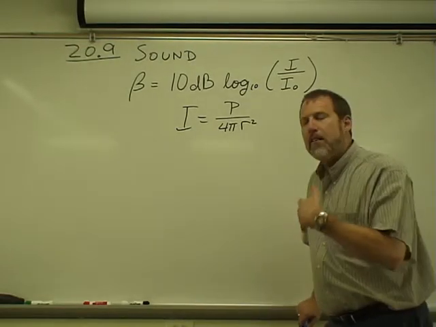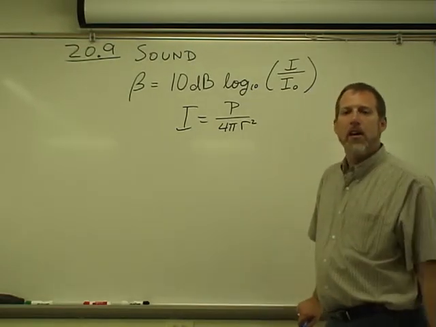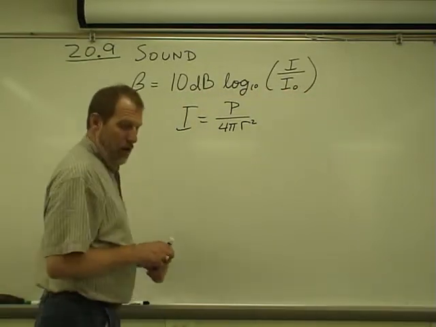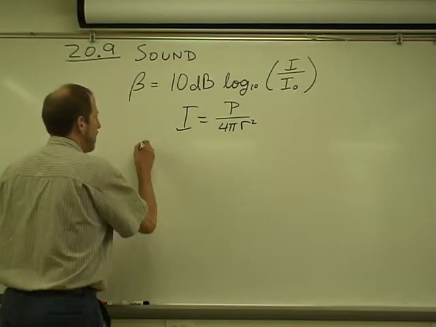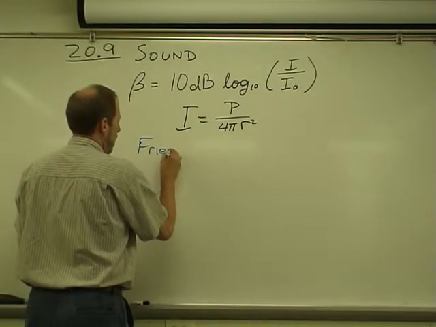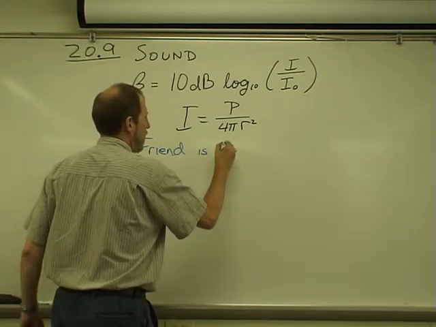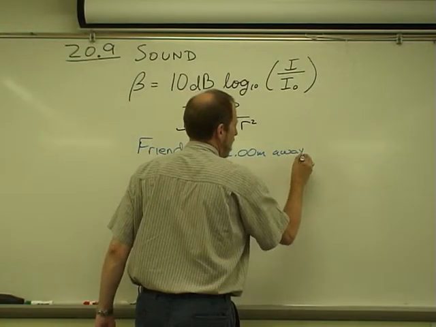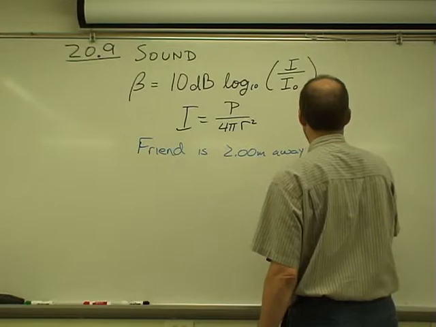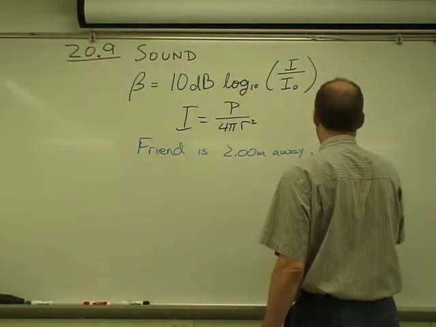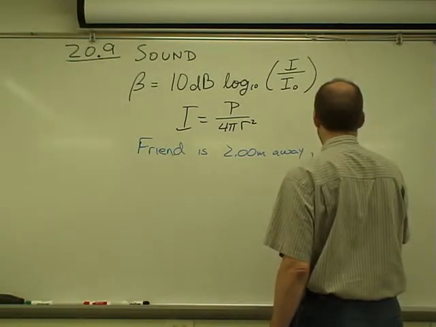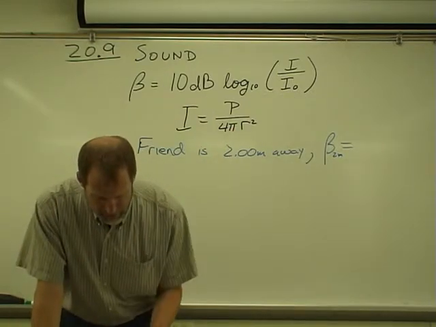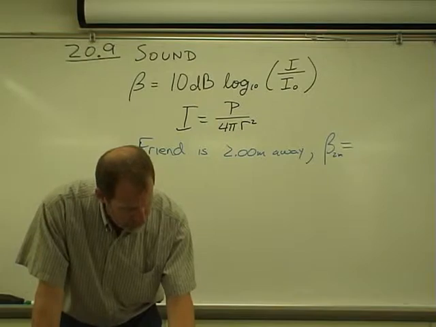Suppose that you're talking to a friend of yours at normal conversational level. So your friend is 2 meters away, and the sound intensity level at 2 meters is comfortable conversation.